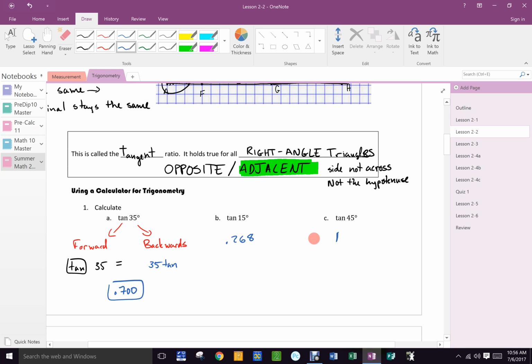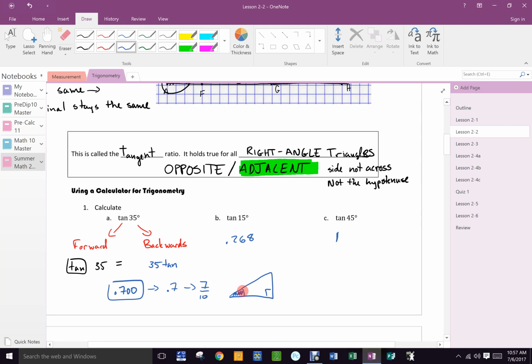Now, these are decimals, yes? But a decimal is just a fraction, isn't it? This fraction right here is the same as 0.7, correct? Which is 7 over 10, correct? Which means if I drew this triangle with a 90 degree there, this is the angle that I am looking at.